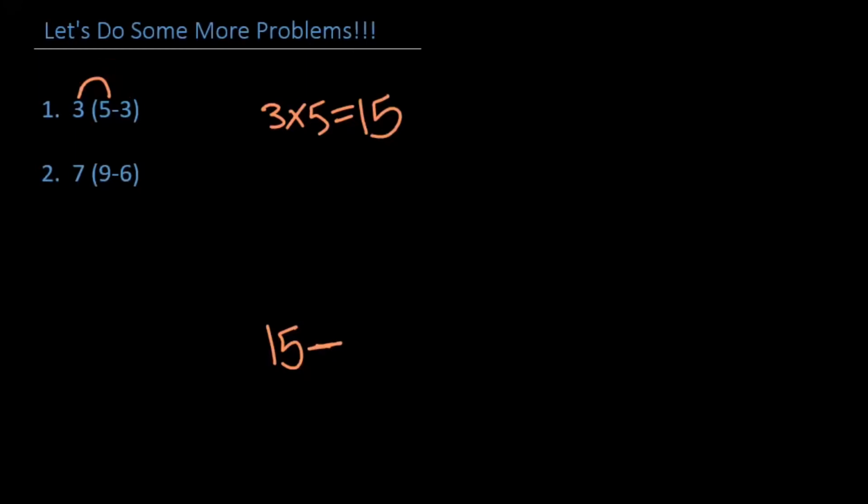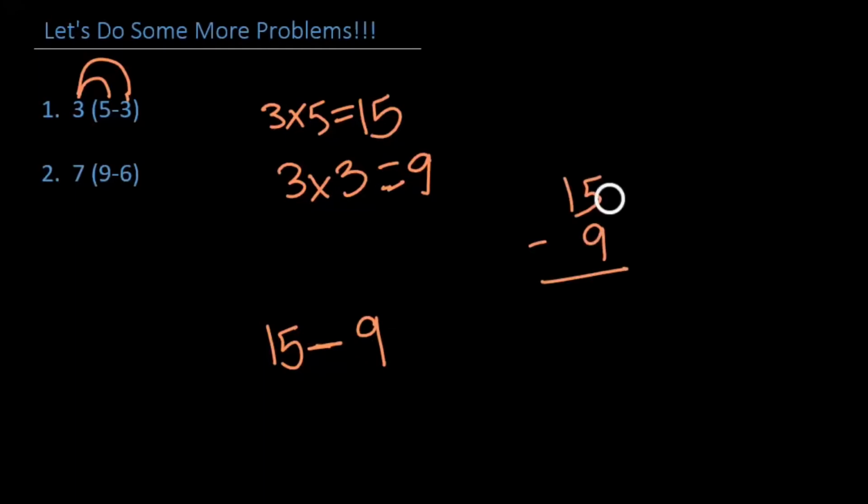Next, we distribute 3 times 3, which is equal to 9. So we place a 9 over here. Now we're going to subtract 15 minus 9. 5 minus 9, we can't do that, so we borrow from the 1.